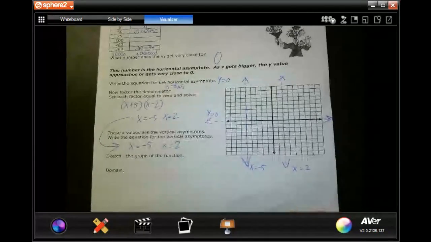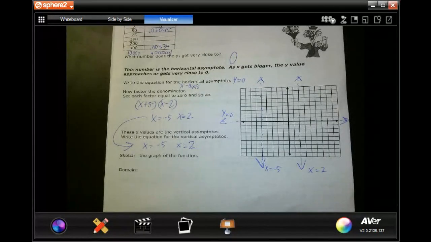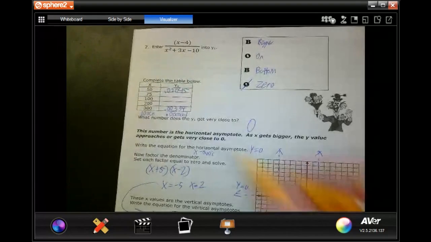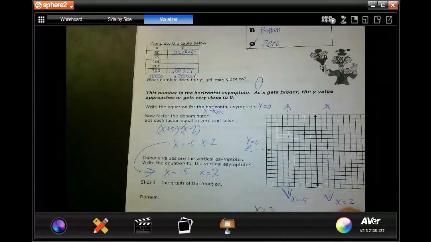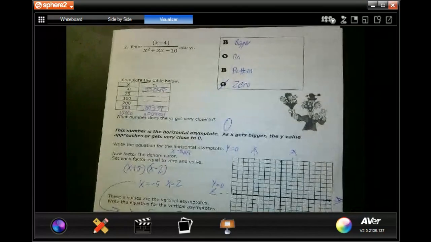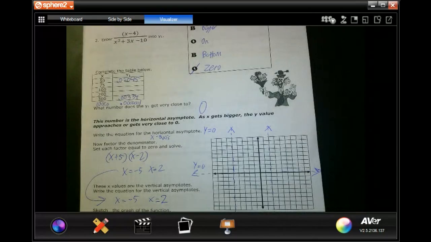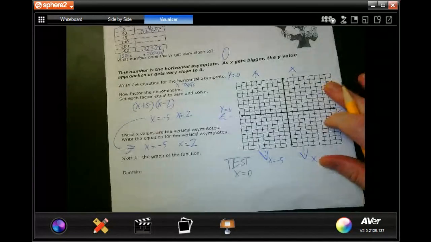Now let's sketch. We might have to test some points out. So if you tested, say, x equals 0, that's pretty easy to test. If you did x equals 0 in here, what would you guys get? Let me put test here because we need to see where this stuff's going to be. Let's put x equals 0 into that.